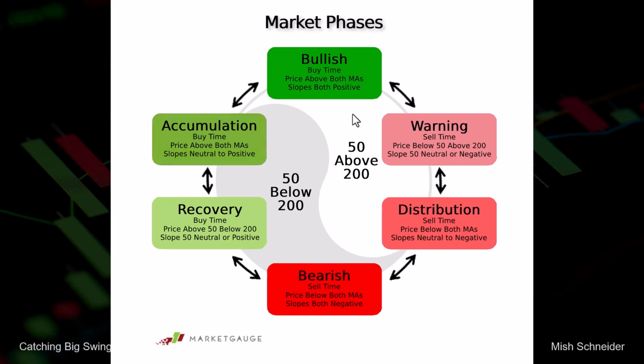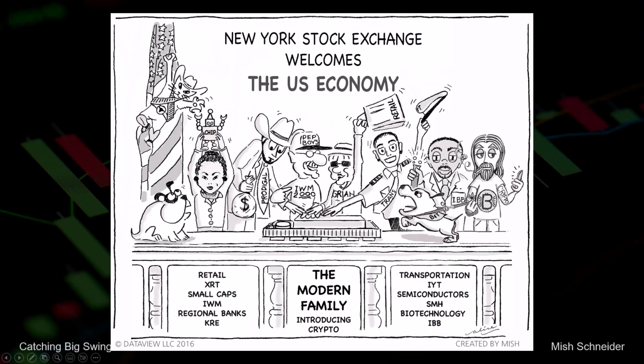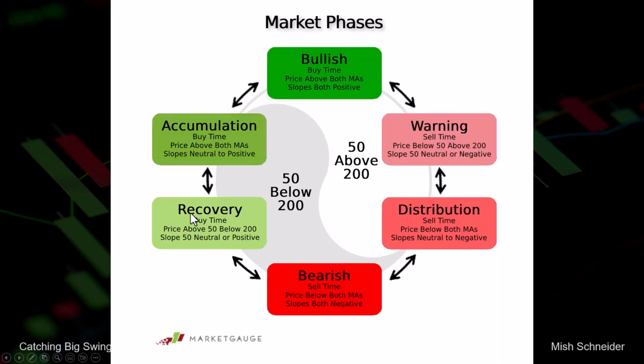And secondly, how strong or how weak that phase is, we determine by the slope of those moving averages, because after all, slope equals momentum. If you have a negative slope in an overhead 50-week moving average, as we will see in current conditions, and that slope continues to go down, that tells you that whatever that particular phase is actually accelerating, as opposed to a slope going neutral and starting to turn up, as we say, going from a bearish phase into a recuperation phase.